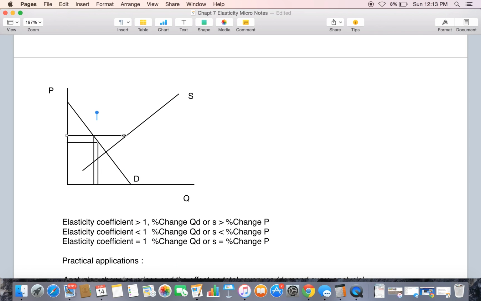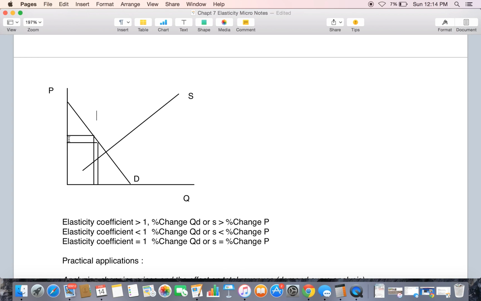And let me actually bring this just over to the demand curve. So at this price right here and corresponding quantity, if I drop the price by this amount here, this white rectangle, you'll notice that there isn't much of a response in quantity demanded.